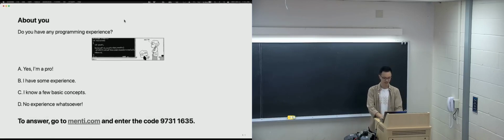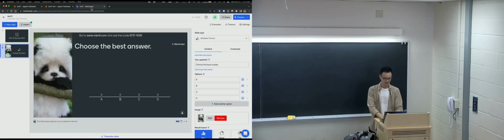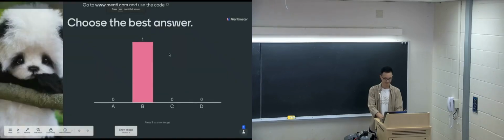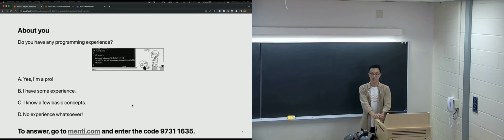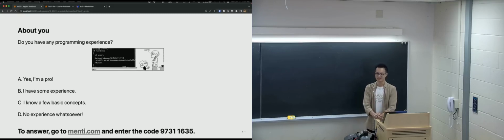Let me make sure that the thing is right. So, present this. Okay, so it should be up there. Let me know if there are any problems with it. If you go to menti.com and enter in that code, it should allow you to choose a multiple choice question, A, B, C, or D. So please answer according to your level of programming experience.